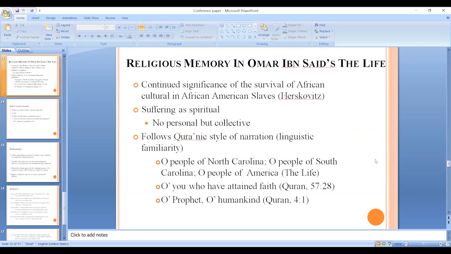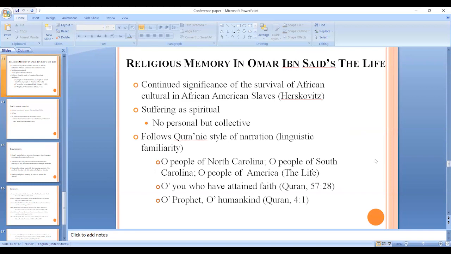And the religious memory he employs to have a basic resistance against slavery: he uses a Quranic style of narration to draw his slave narrative. We can see that: "O people of North Carolina, O people of South Carolina, O people of America."